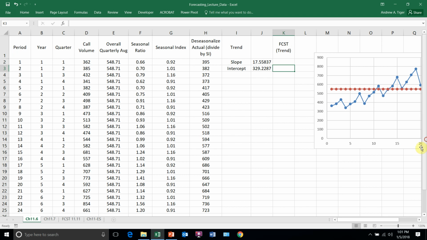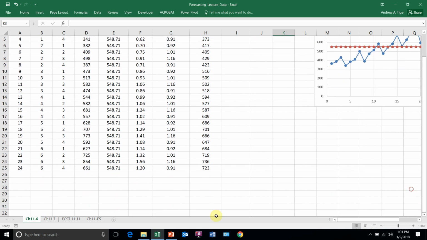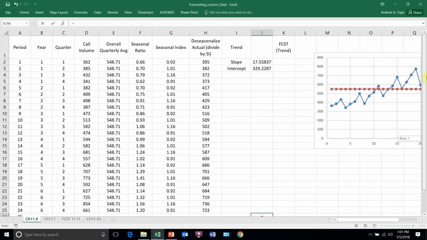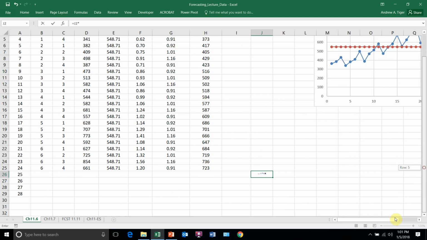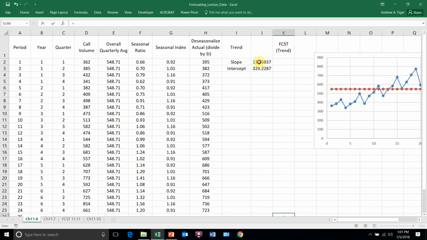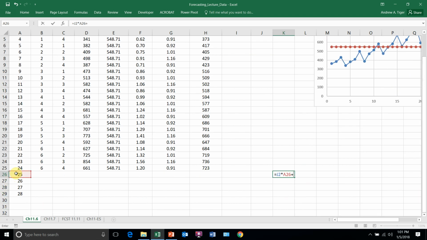So I'm going to go down here, and let's go out another year: 1, 2, 3, 4. So this is going to be my slope multiplied by my time period into the future plus my intercept.